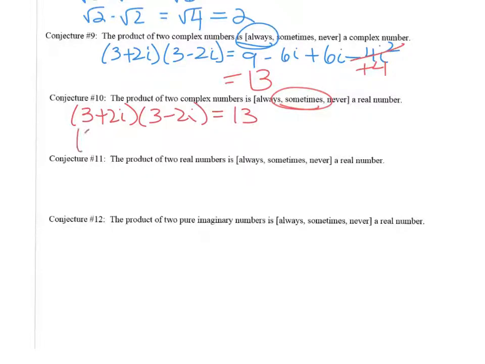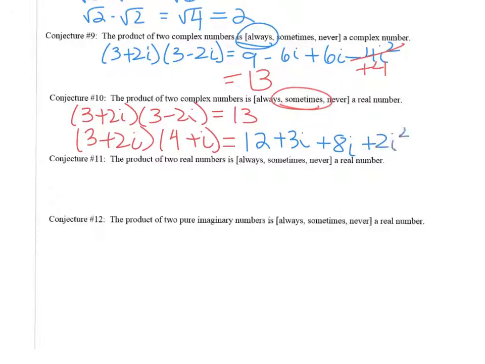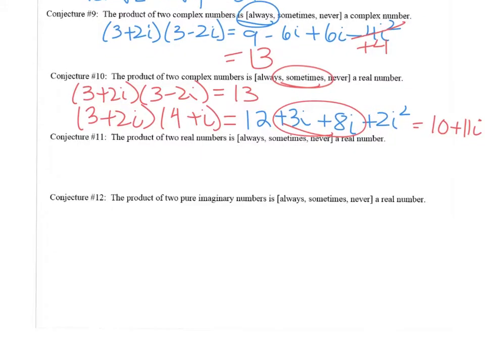But if I multiply non-complex conjugates, let's then do 4 plus i, we're going to get another complex number, not a real number. So even if I simplified this, I would still have this i component. So that's going to be 10 plus 11i. So that is why 10 is sometimes.